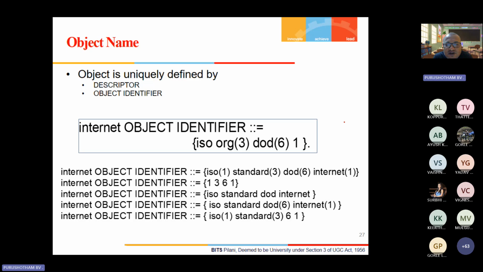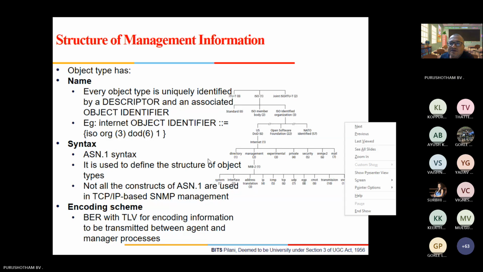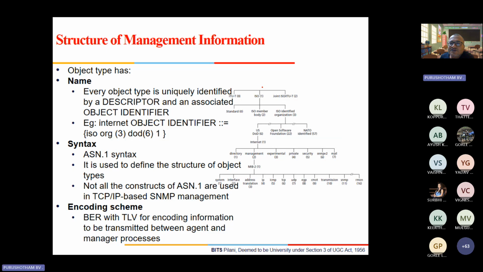For example, if you wanted to have the internet object, then it is going to be based on your tree structure. It is first ISO, then ISO identified organization, then followed by the DOD, then the internet. First is 1, then this one. That is how it will be identified.